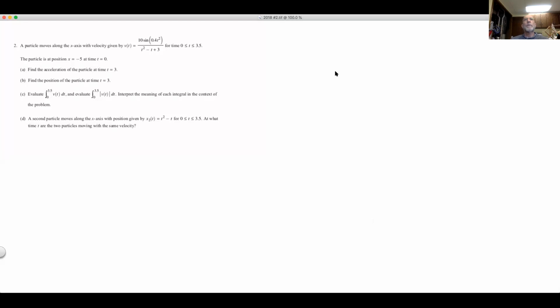And again, it's a problem that you see quite often. They have a particle moving along the axes. In this case, it's moving along the x-axis. And you have a velocity function. And so that's the function I'm going to end up putting in my calculator.